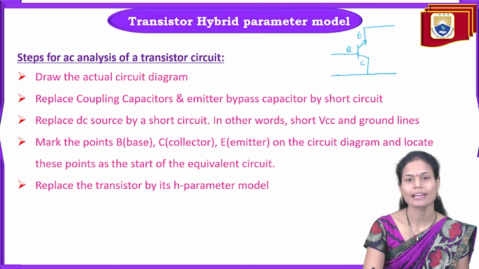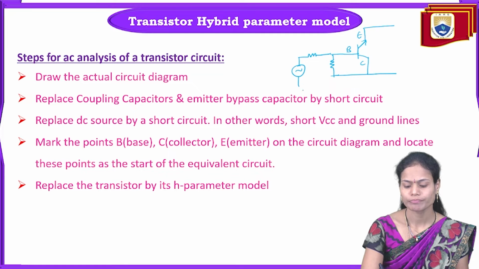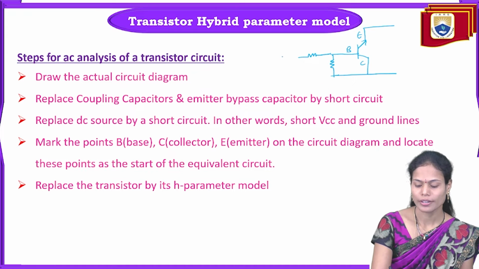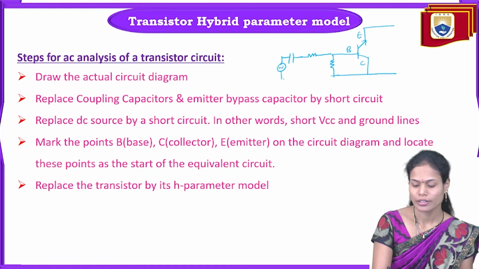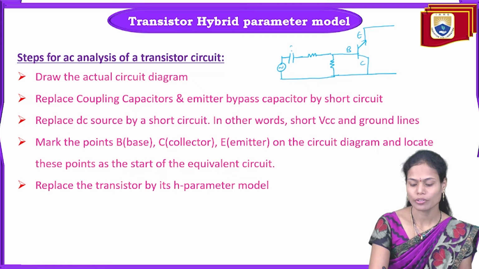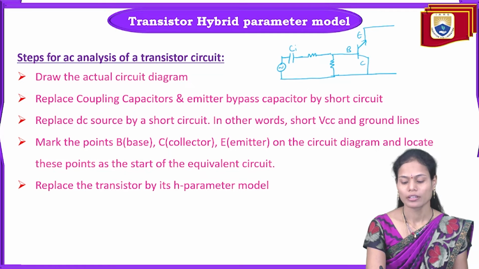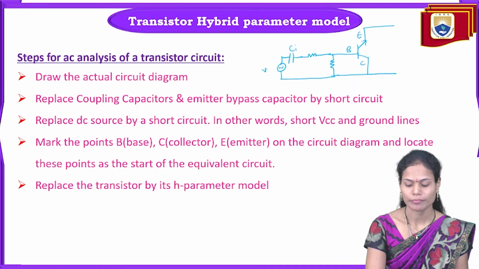The base acts like an input as well as the emitter acts like an output in the case of common collector configuration. Here we will add different resistances, input resistance as well as source resistance, and here we will provide the input signal for the circuit, and this input signal through the capacitor we are connecting to the input of the common collector amplifier.